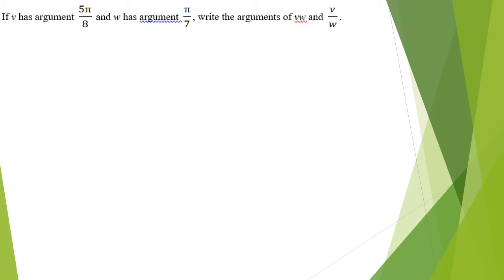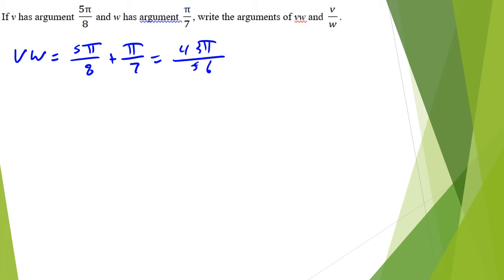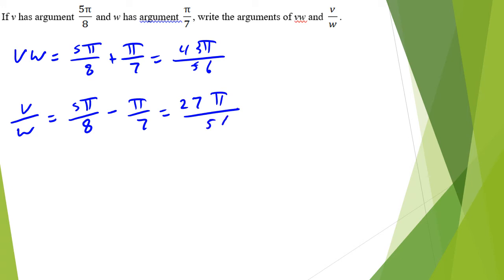So for vw you will add the angles, it's 5 pi over 8 plus pi over 7. That is giving me 43 pi over 56. And v over w you subtract, so it's 5 pi over 8 minus pi over 7, and that's giving me 27 pi over 56. So that's your final answer.